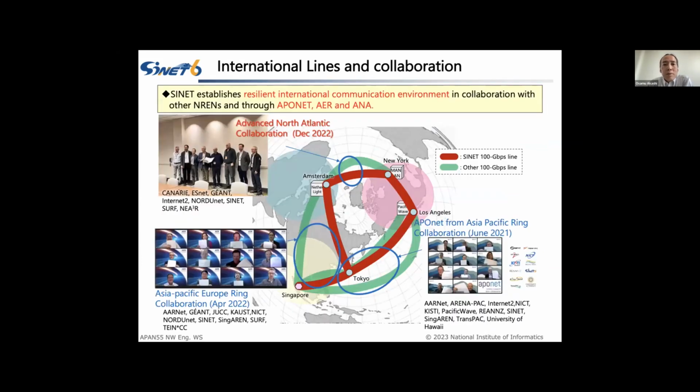This shows the international lines and collaborations. In the previous meeting, I reported that the ANA signing was not yet finished, but after APAN54, we signed the ANA collaborations for Atlantic areas. So we are now collaborating with APONET, AER, and ANA.